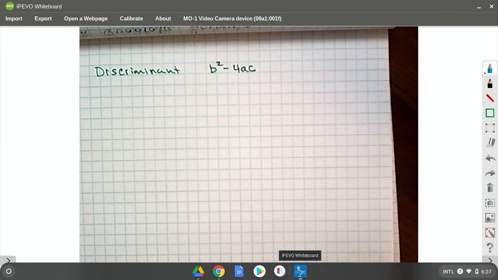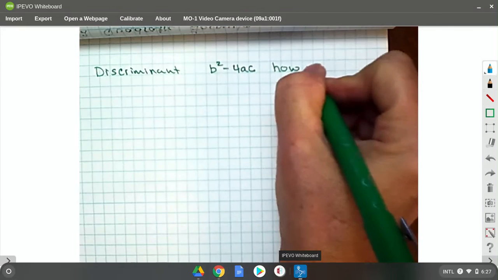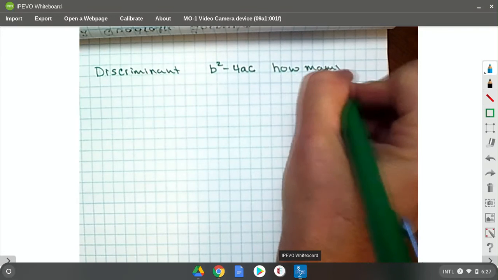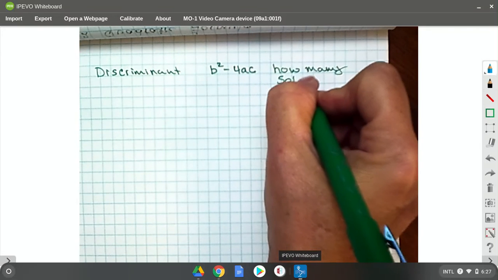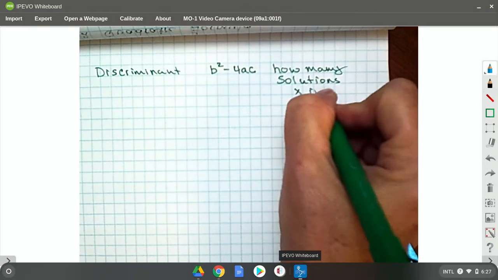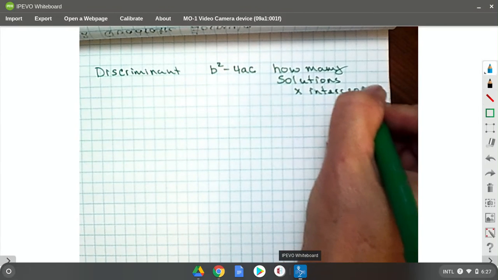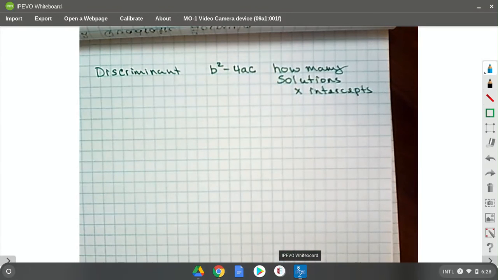And what it tells you is how many solutions you'd have. Remember, I said when we're solving these, we're looking for those x-intercepts. So what this will tell you is how many solutions, and by solutions, we're talking about how many x-intercepts. How many times will my parabola cross the x-axis?